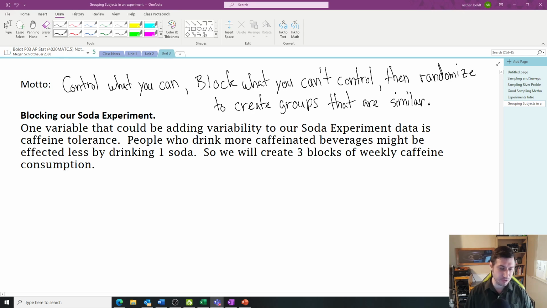Some people drink tons of caffeinated soda or coffee or anything that has caffeine. Some people don't drink any caffeine. That would add variability to our experiment. Hopefully, if we did randomized grouping, we would assume that those types of people would be evenly distributed. But if we blocked our experiment, we could account for that variable at the beginning.